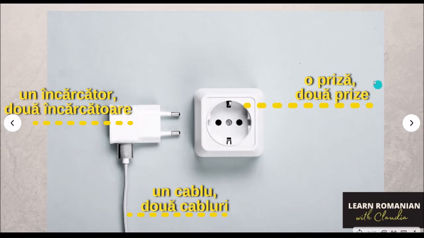Priză, however, is feminine. O priză, două prize. It's feminine and singular, and if it's feminine and singular, it will always be feminine in plural. I'll say them again. Un încărcător, două încărcătoare, un cablu, două cabluri, o priză, două prize.